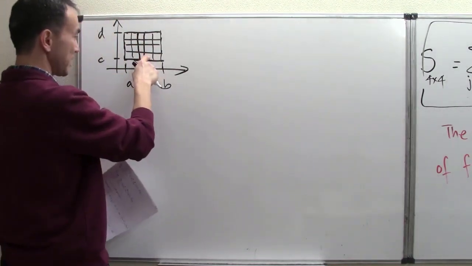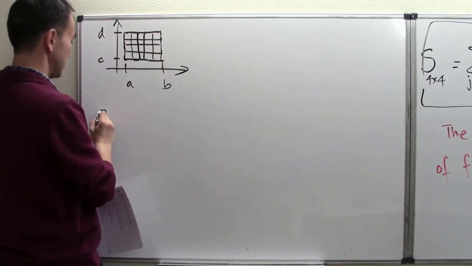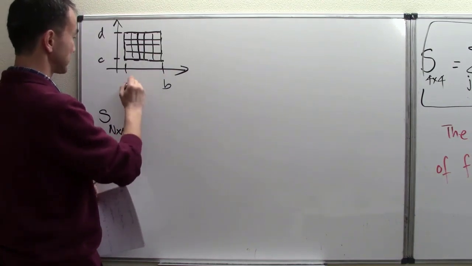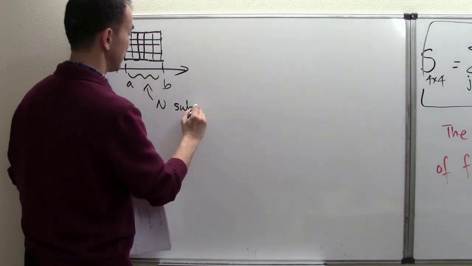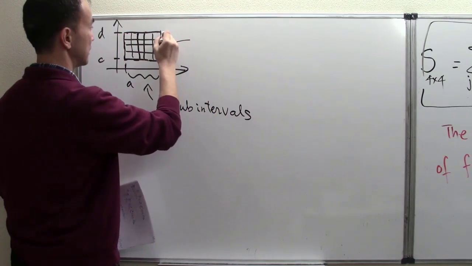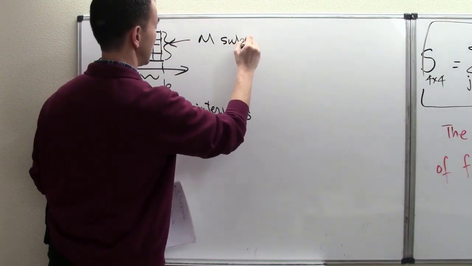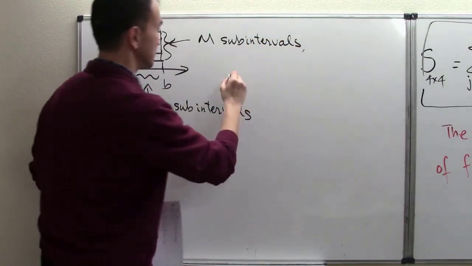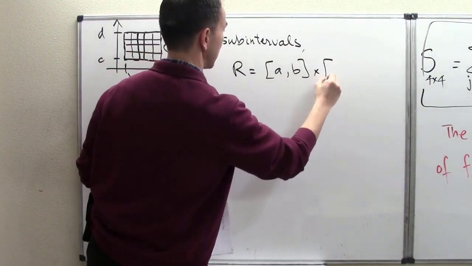Then we pick a sample point on each one of these, an n by m. So here there are n subintervals, and then this way there are m subintervals. And yes, the region R here is [a, b] by [c, d].